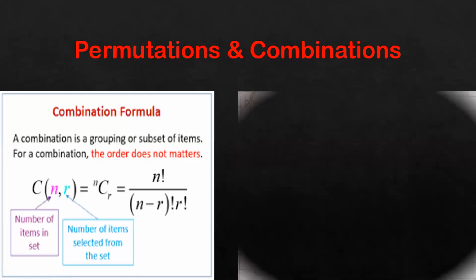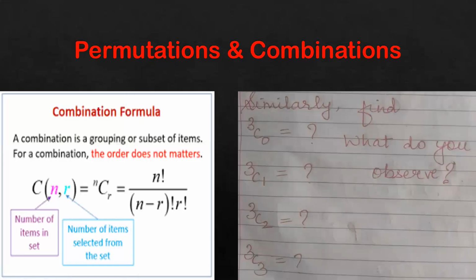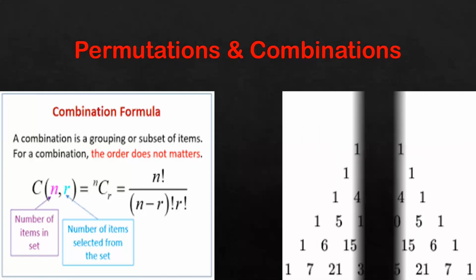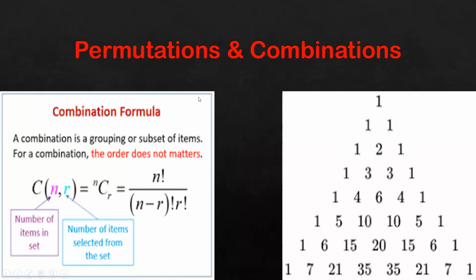In the similar manner, class, if I tell you to find out 3C0, 3C1, 3C2 and 3C3, what will you observe? Just find and check it for yourselves. So what I'm trying to tell you, class, is that there's a relation between Pascal's triangle and combinations.